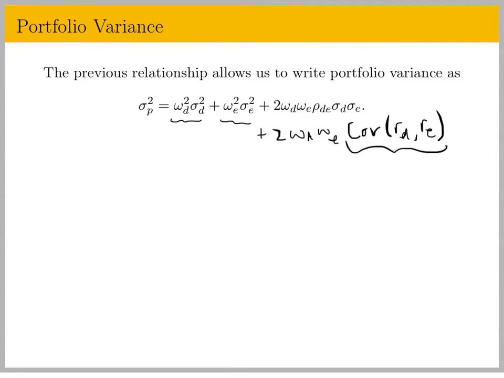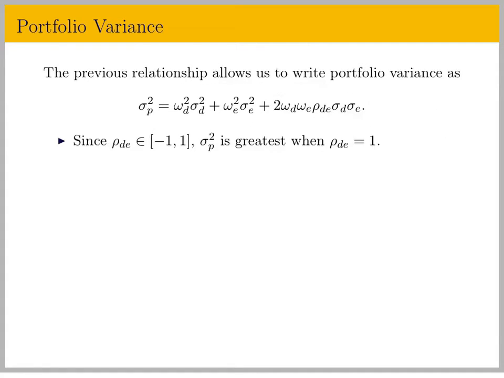Well, now we're substituting what we just did on the previous slide, and we're saying that's equal to rho sub de times sigma d sigma e, which is how we get to this last term right here. So now instead of writing it as a function of the covariance, we're writing the overall portfolio variance as a sum of the weights squared times the variances plus 2 times the weights times the correlation times the standard deviations.